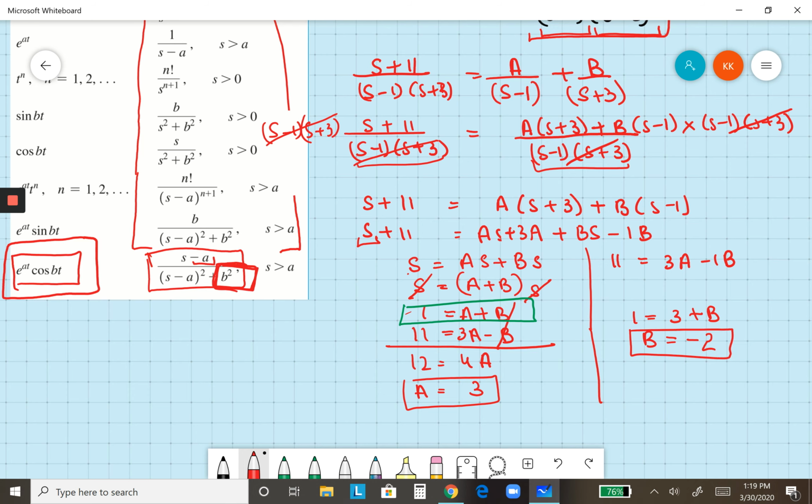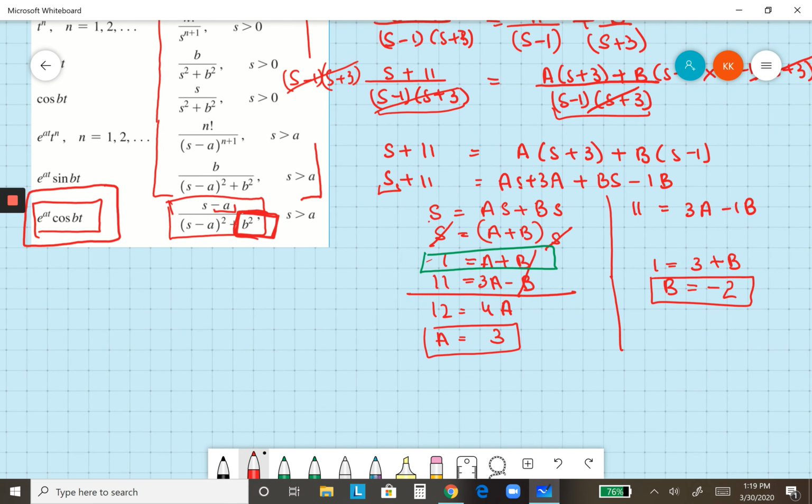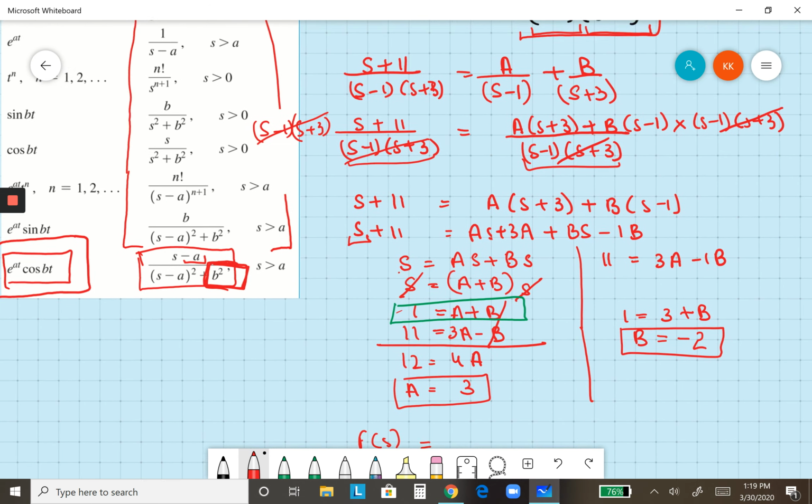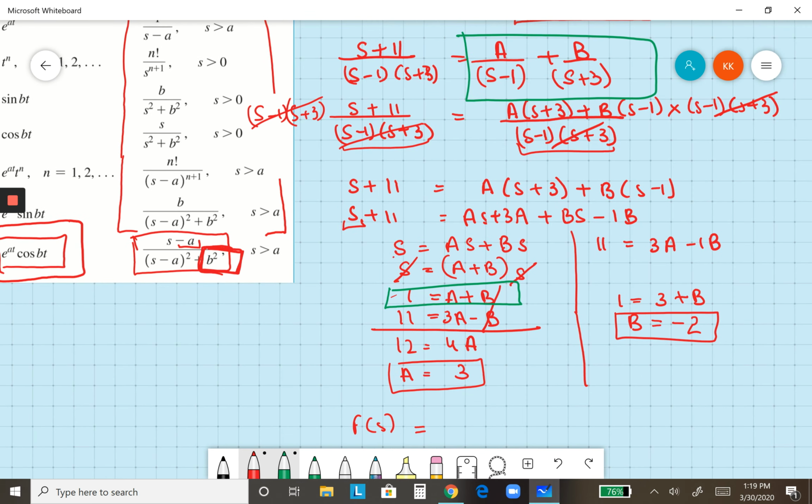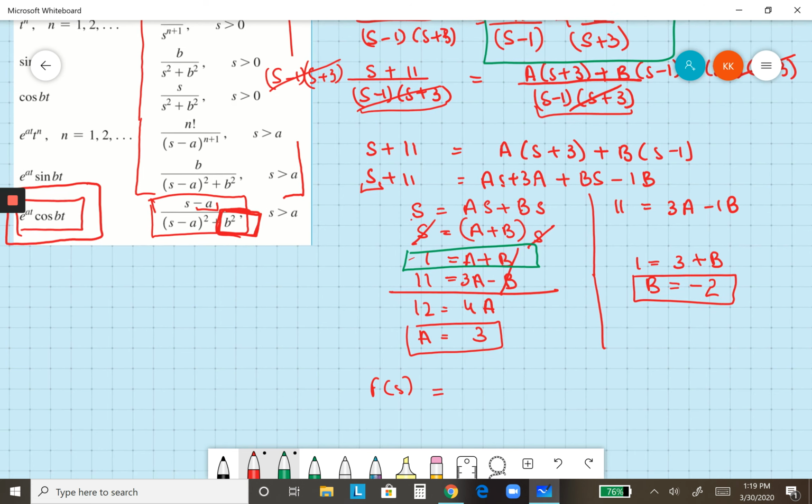So we have A and B now. So we can write that F of s equal to, so we plug in the values of A and B into our original equation, which was A over s minus 1 plus B over s plus 3.